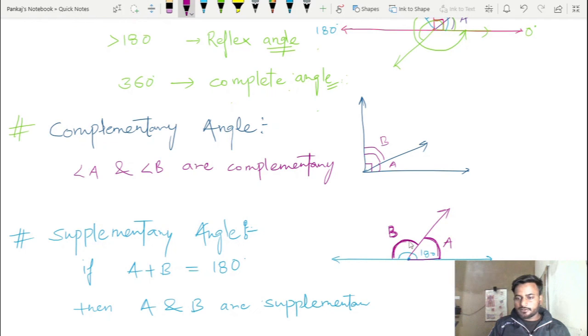So B is only from this ray to this ray. Okay, these things are to be noted. For example, here this is A and this one is B.